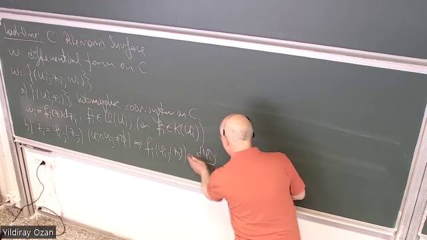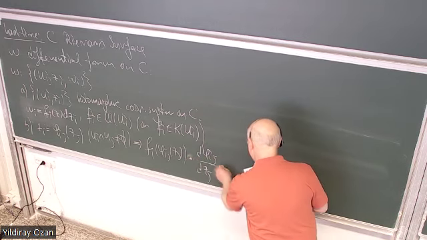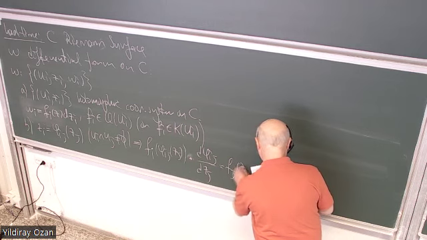Sorry, here I have a product, I'm sorry. So this is Fj of Zj.